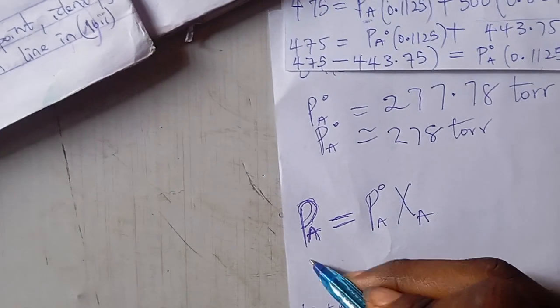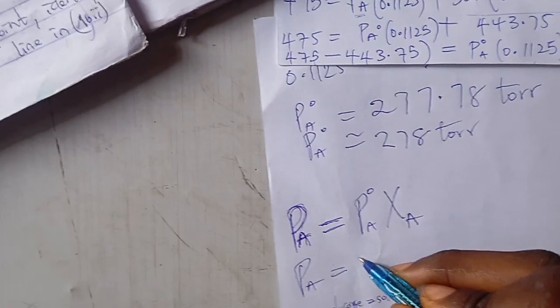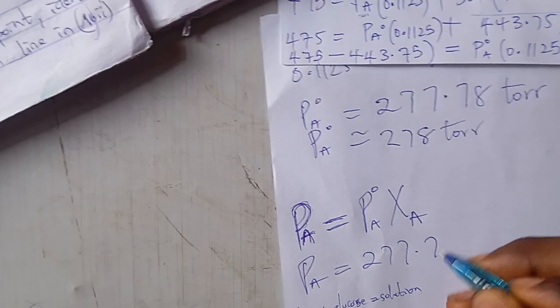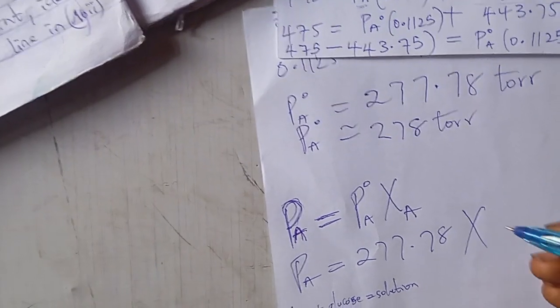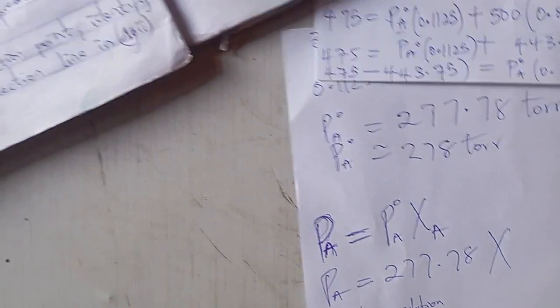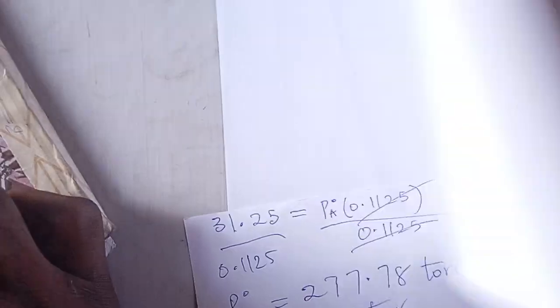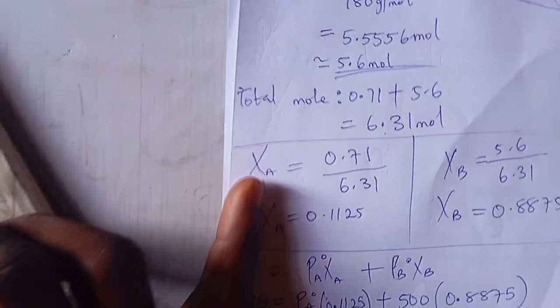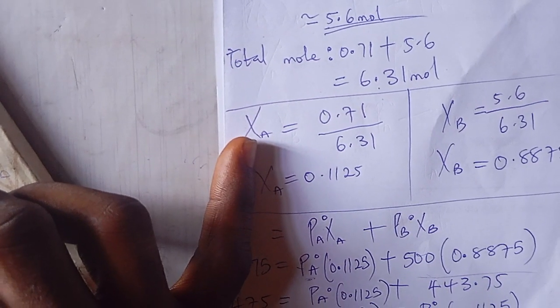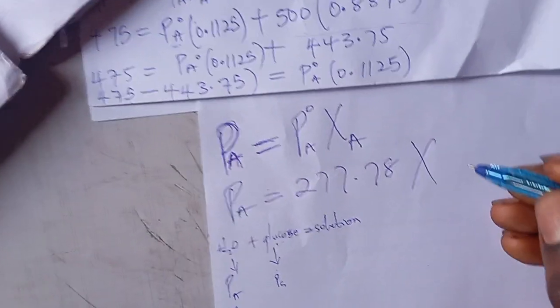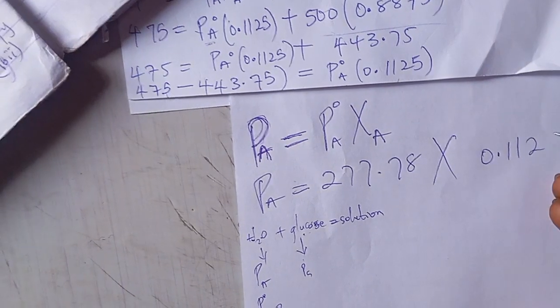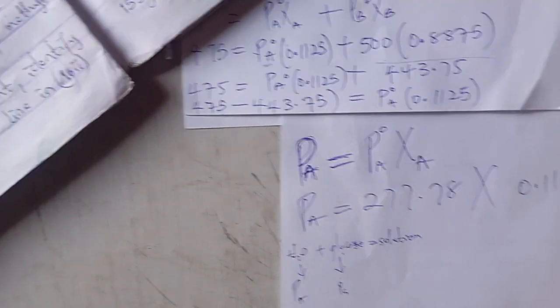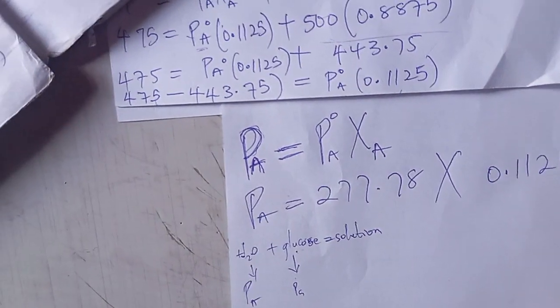So to find PA, we simply do 277.78 times its mole fraction, which we got to be 0.1125. Yes, that's what we got, 0.1125. So multiply by 0.1125.